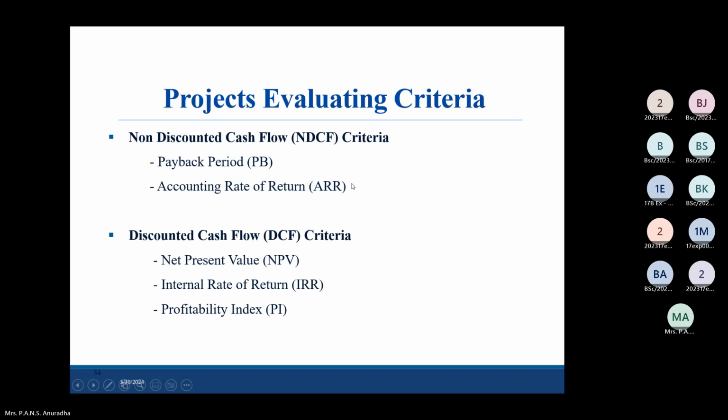As we discussed, among the non-discounted cash flow methods, we did the payback period. In addition, we can use the accounting rate of return, ARR, as a non-discounted project evaluation technique. This is based on the financial statement data, or the accounting data. The problem when we use accounting data is that it is based mainly on profit.